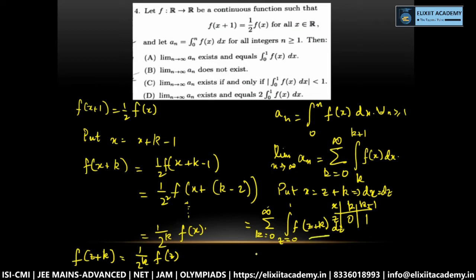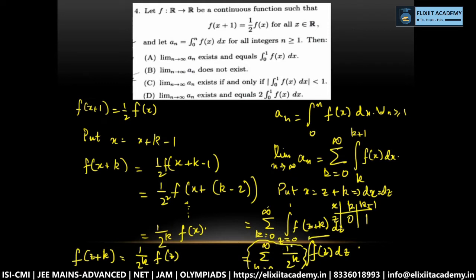Okay, so this is basically summation k equals 0 to infinity, 1 by 2 to the power k, f of z dz. I hope we have done this quite a few times. This is just a normal infinite GP series.